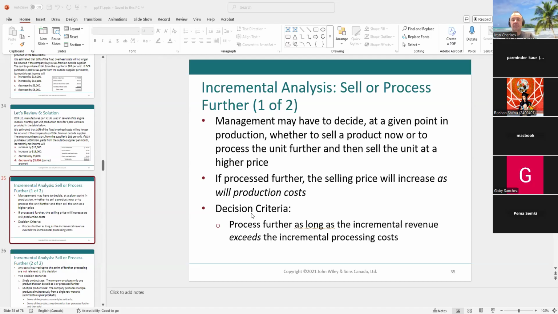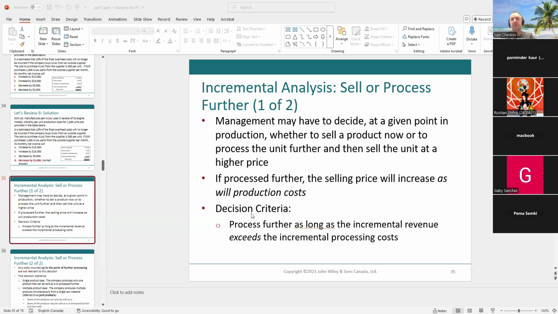In other words, if right now you can sell the apartment for $100,000, that will be the starting point. But if you make improvement in the kitchen and you spend $35,000, you'll be able to sell it for $140,000. Now the question is, is the incremental revenue more than the incremental processing cost?